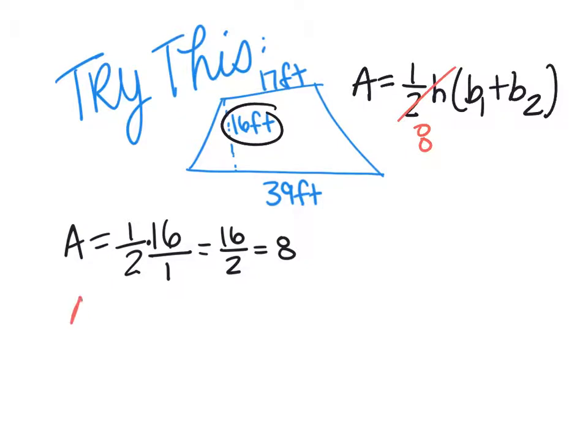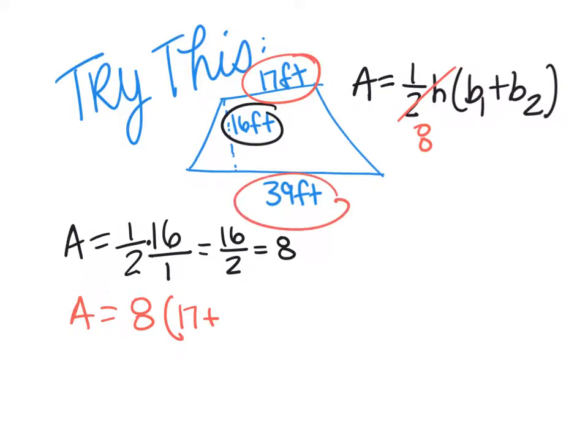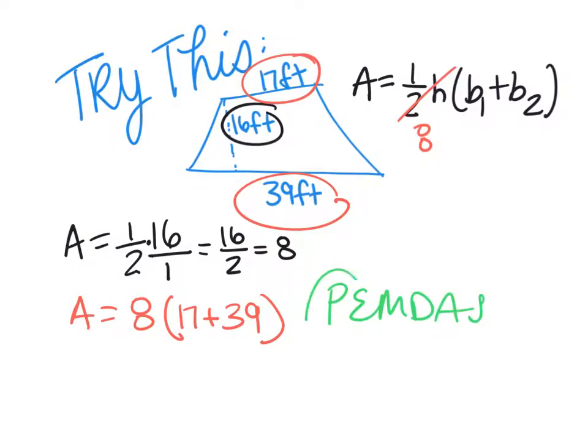Now I can move on to step 2. Area equals 8 times the quantity of, that means parentheses, base 1. Remember, base 1 was on the top of my trapezoid, 17 feet, plus base 2, which is the bottom of my trapezoid, 39. Now, thinking back to when we did PEMDAS, I need to take care of what's inside the parentheses first.